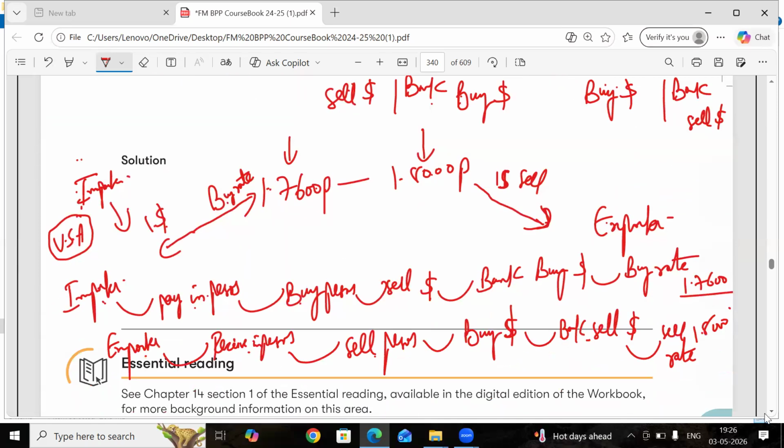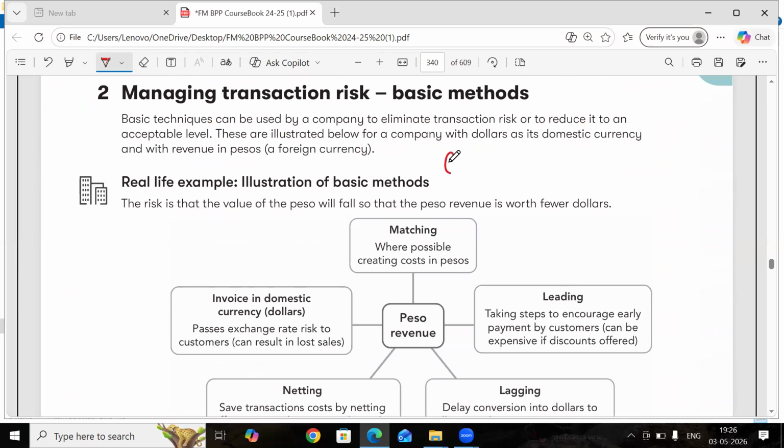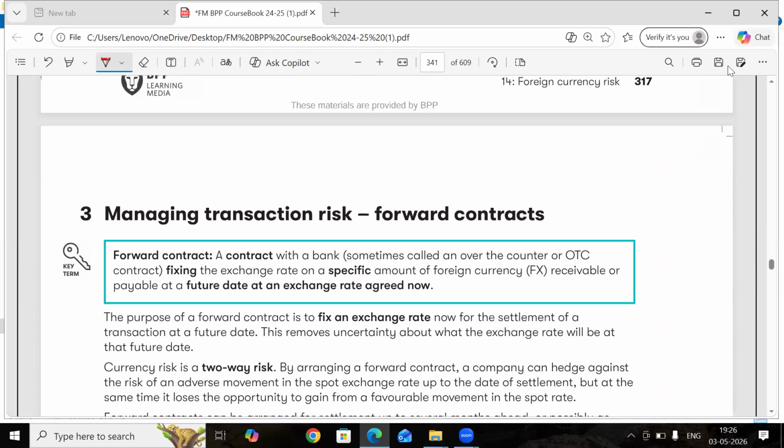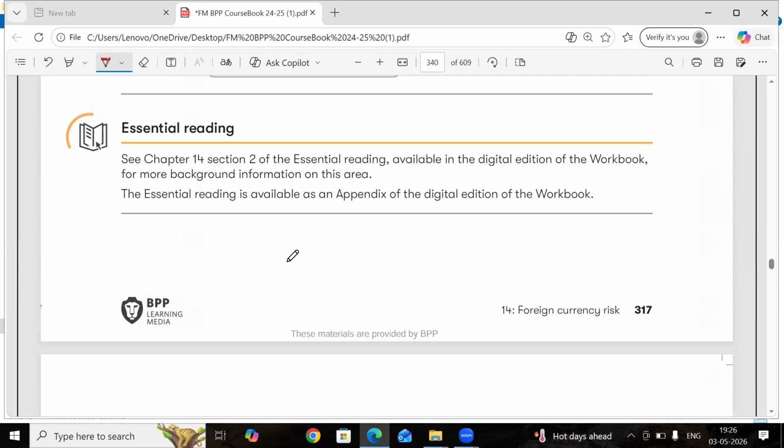So we can take it in this way: the importer and bank relation. The bank will always buy dollars. The importer sells dollars. Why will the importer sell dollars?